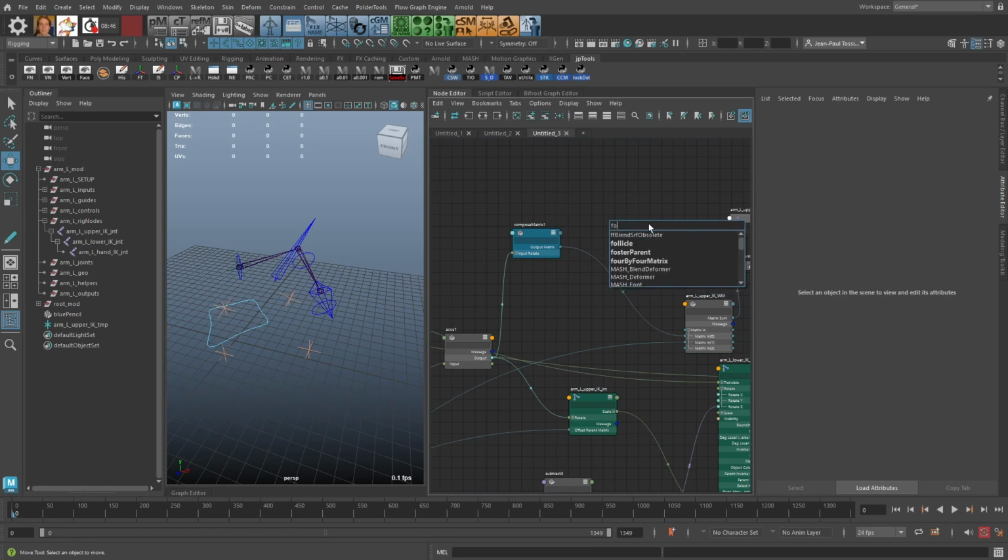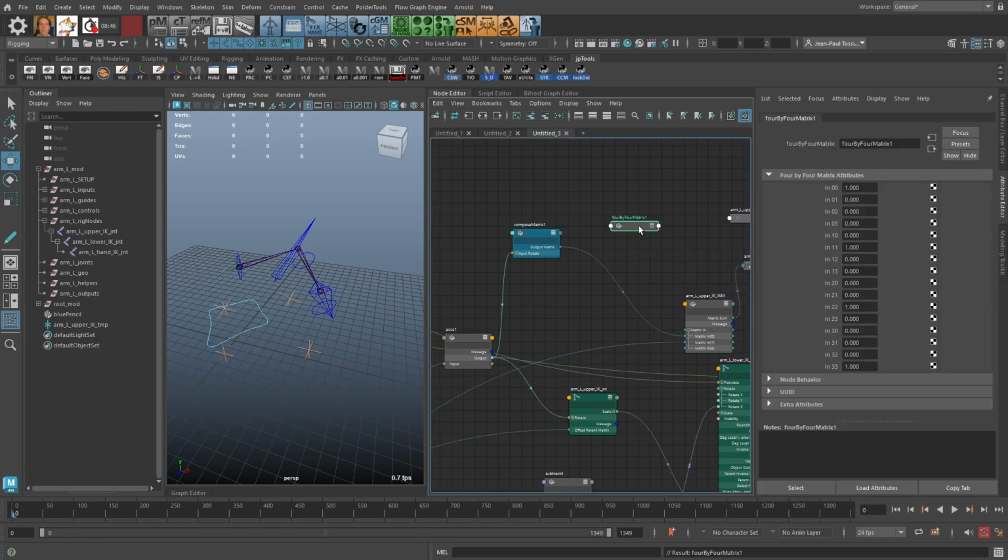So if we create a 4x4 matrix, we can create a matrix by directly setting the values of the matrix. So this is the 0 0 to 0 3, the basis vector x, and this is the basis vector y, z, and the translation vector.